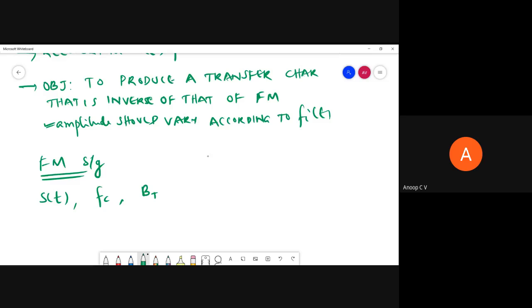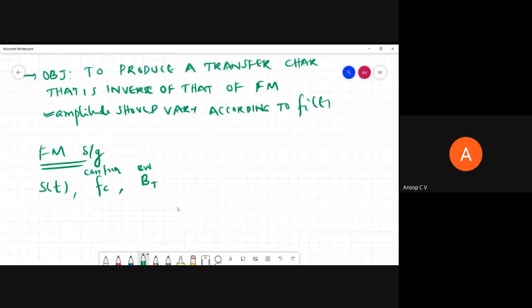So we are assuming an FM signal whose time domain expression is represented as S of t, its carrier frequency is FC and bandwidth is BT. So what does that mean?